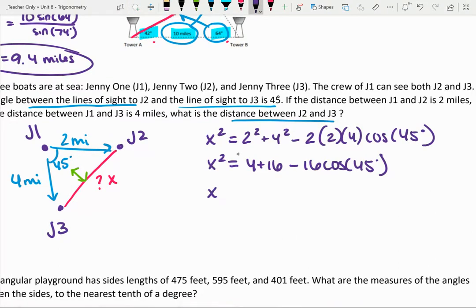So I'm just doing a couple of steps in between. When I simplify that right-hand side, I'm going to get approximately 8.686. And then to get x all by itself, I want to square root both sides, and I'm going to get about 2.94 miles.